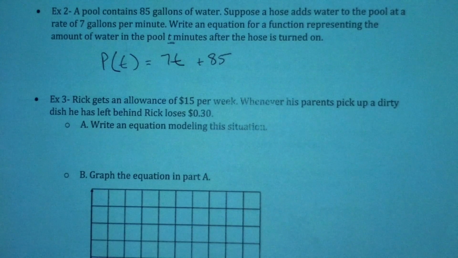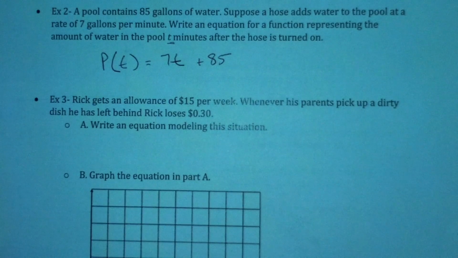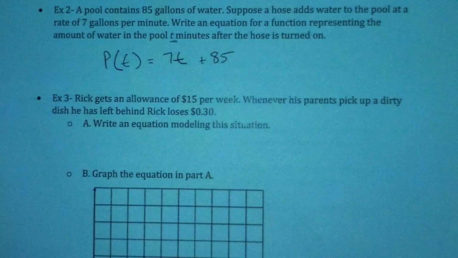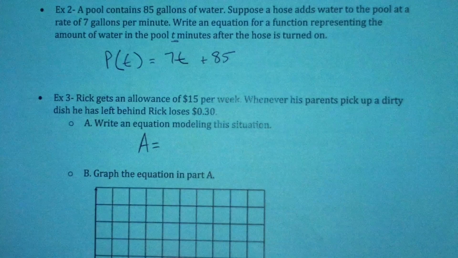So that's one way to write it, as like the negative there, or like Krill said, you could also do this as subtract. So if you wrote it another way here, it would be like 15 as our total minus 30 cents per dish. That would also be a fine setup there. It doesn't matter which way you go. Either way is cool with me.